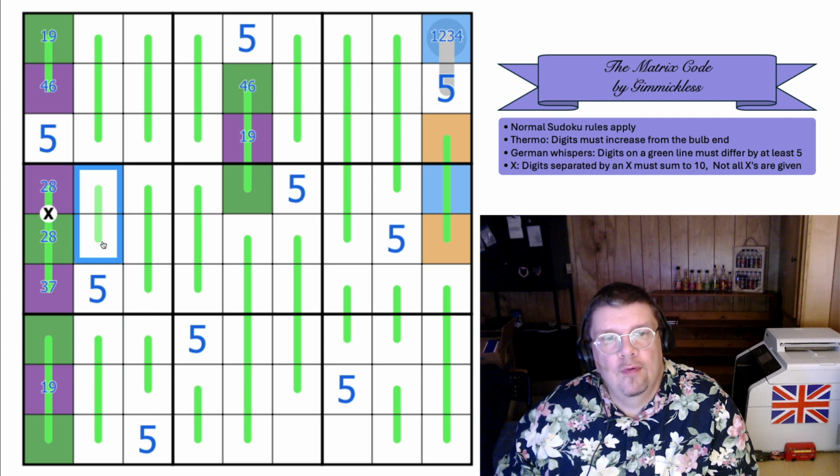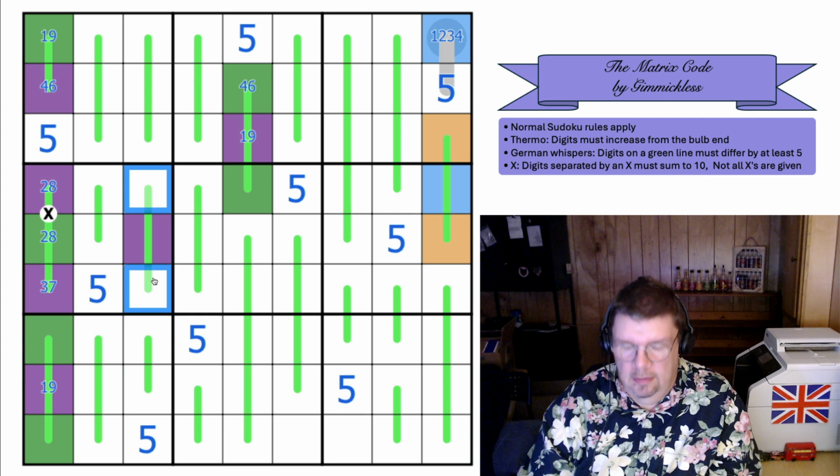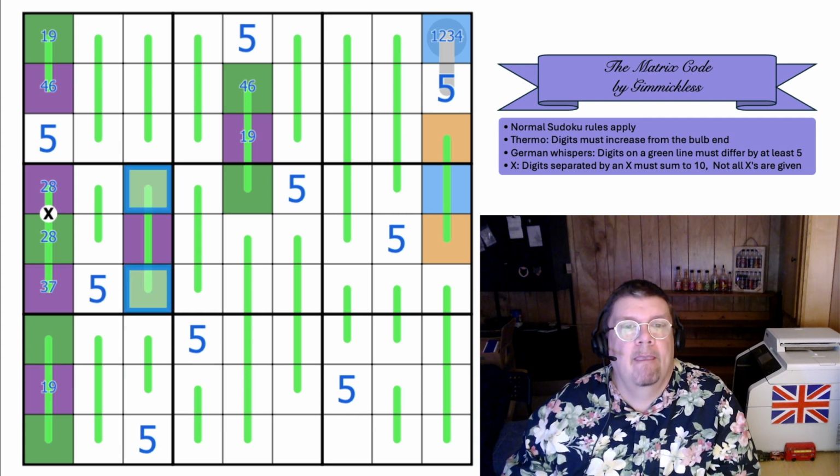and therefore this has 2 green and 1 purple. So that's purple, and those 2 are green. That's one of each, so this must be 2 purple and a green.